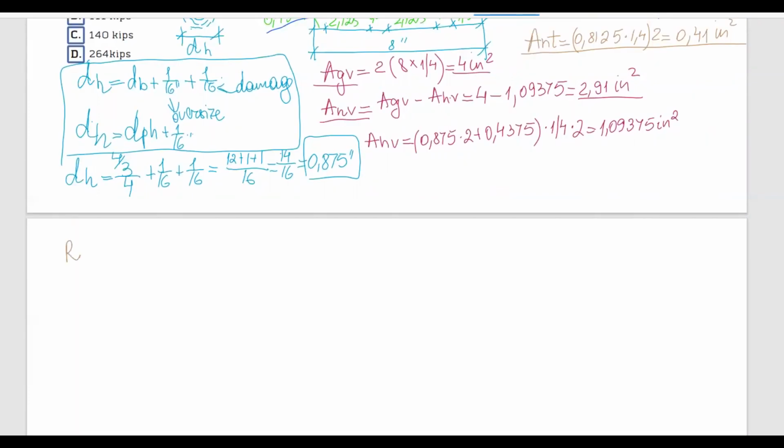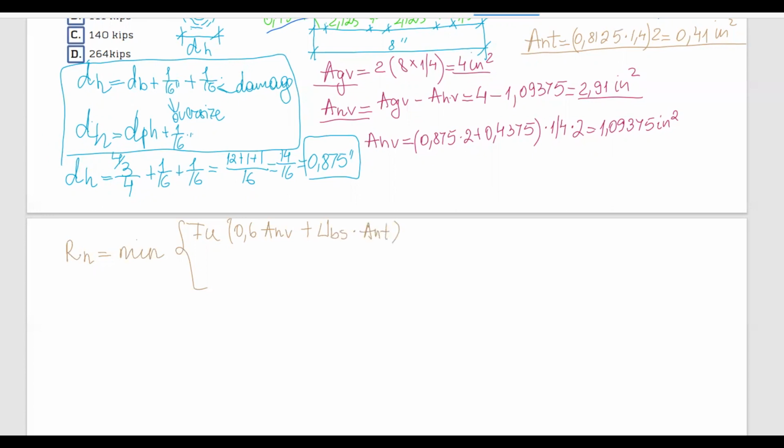So the FE Handbook tells me that Rn is equal to the smaller, or the minimum, of 1 times Fu multiplied by 0.6 times net area in shear plus UBS times net area in tension.